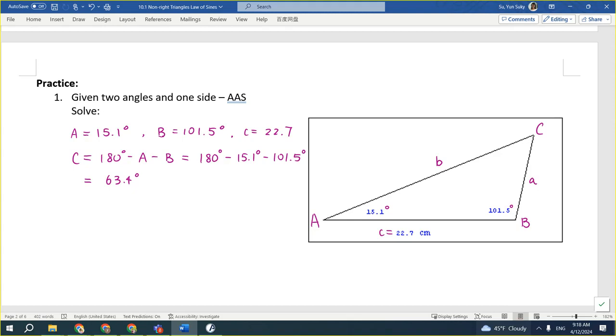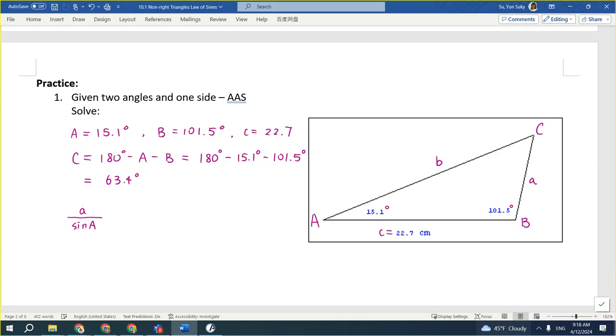Write down the law of sine. So law of sine, we have sine A over A equals sine B over B. Let's see. Because here we are looking for the side, maybe it's better to have the side on top, so we can solve it easier.